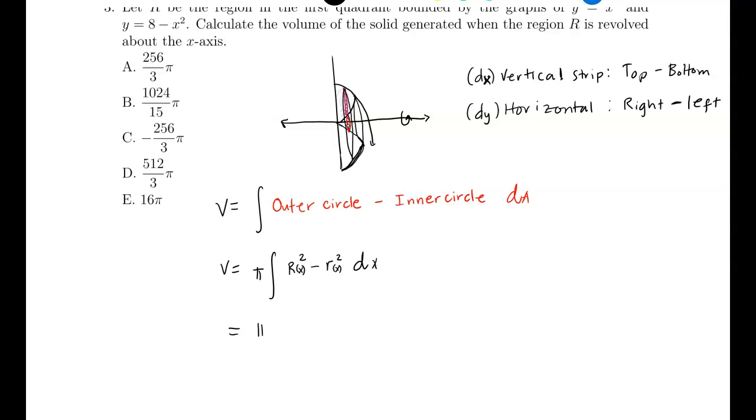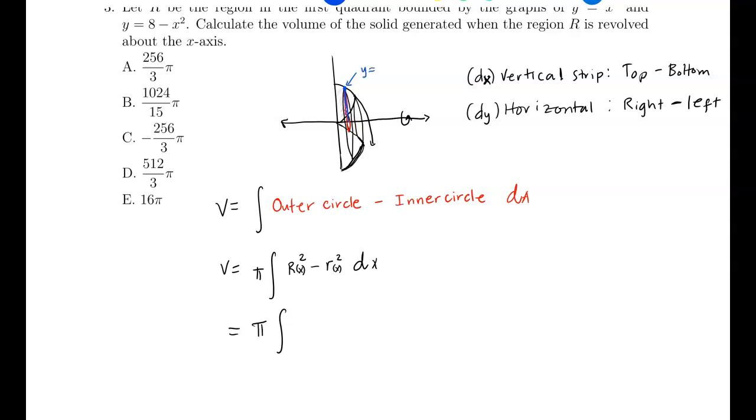So here, pi, what is the outer radius? Let's change the color. Okay, so you look at this outer radius here. Again, we say top minus bottom. So look at that function. What is that function at the top?